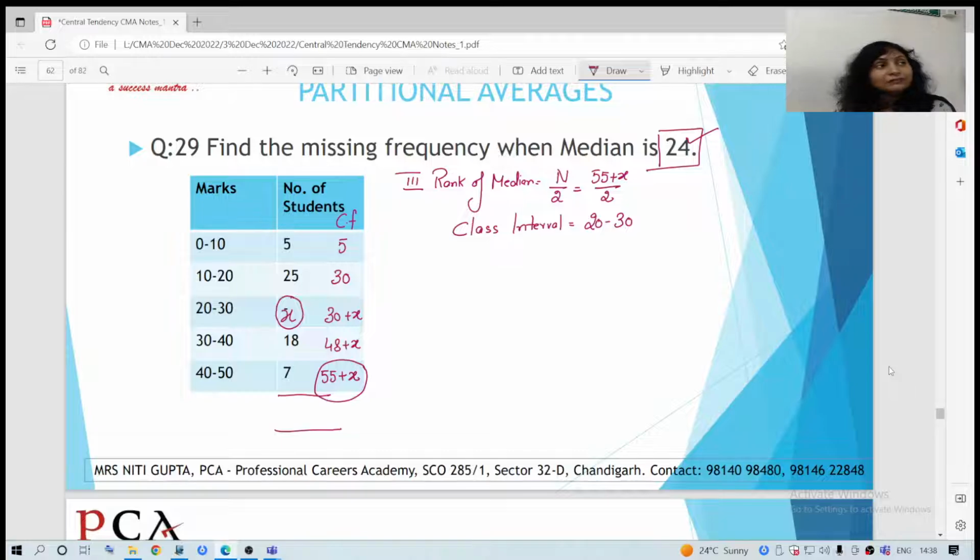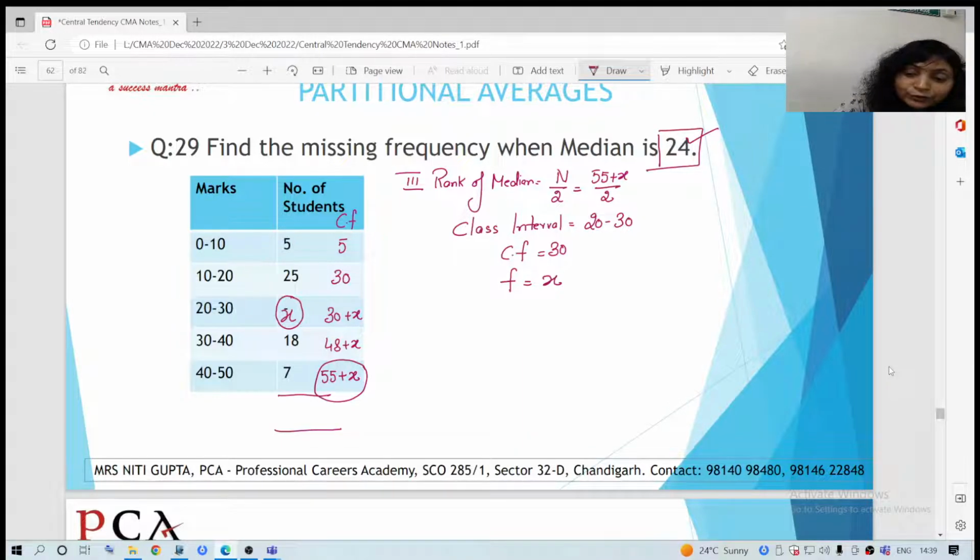So in case of missing frequency, the value of median or partitional average tells you the class interval in which your average lies. So here rank won't help, the value itself helps you in identifying the class interval. So class interval is 20 to 30. CF of previous class is 30. Frequency of median class is x.